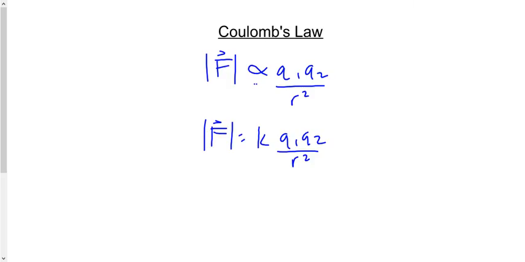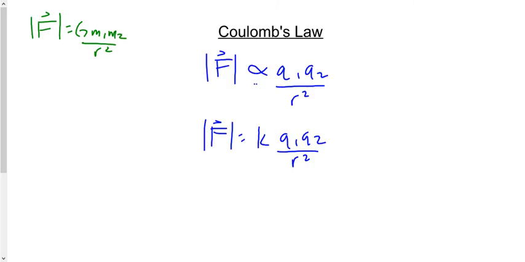Does this look at all familiar to you guys? Does this remind you of anything that you did in Physics 20? Yeah. The equation for gravity, Newton's law of universal gravitation, was G m1 m2 over R squared. Does anybody remember what the value of G was? If you don't, that's okay, because I probably wouldn't have.